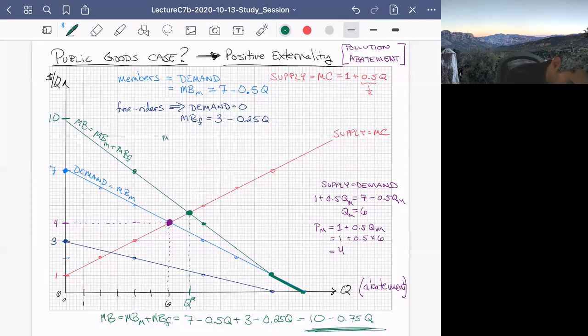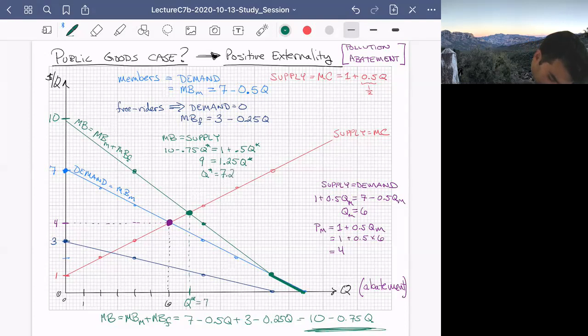So 10 minus 0.75 Q is equal to the supply, which is 1 plus 0.5 Q. That'll say 9, and it'll be Q star. 9 is equal to the 0.75, I move it over, and I believe that gives me 1.25 Q star, which tells me that Q star is equal to 9 divided by 1.25, which is 7.2.